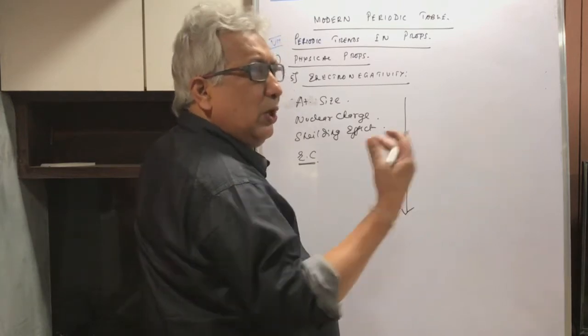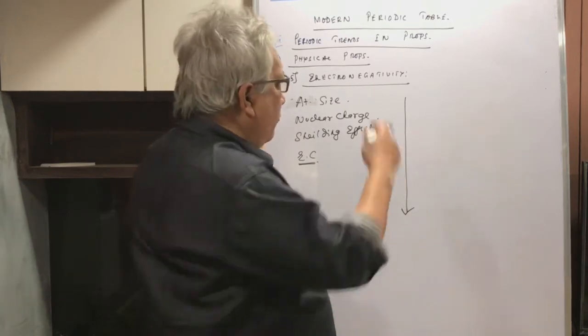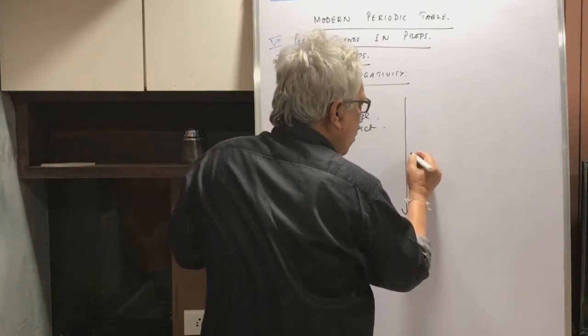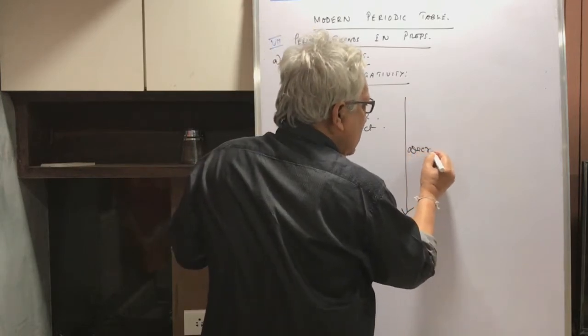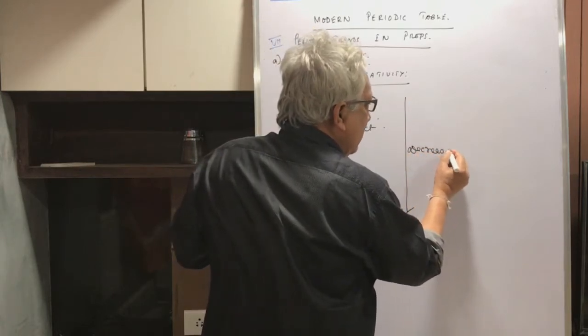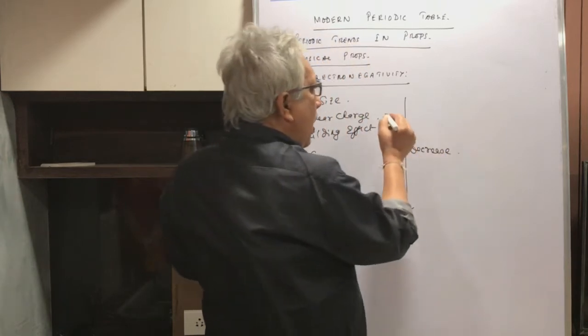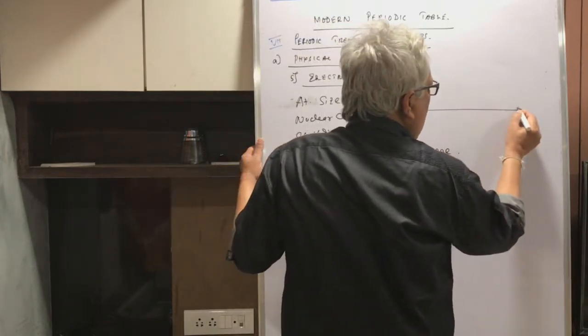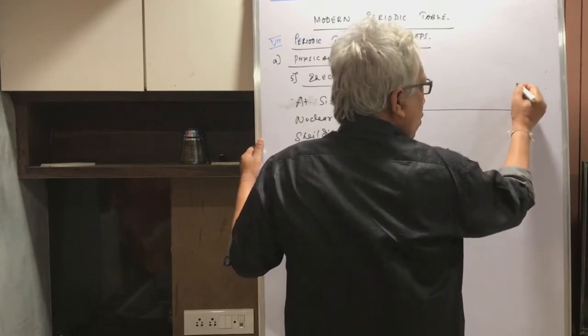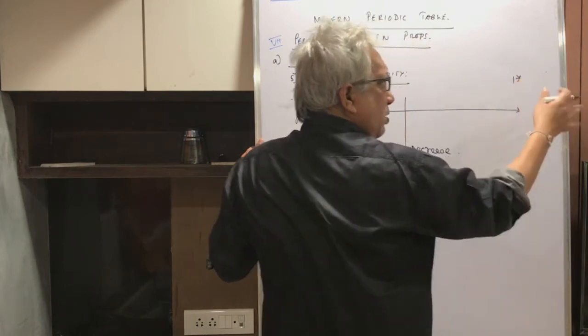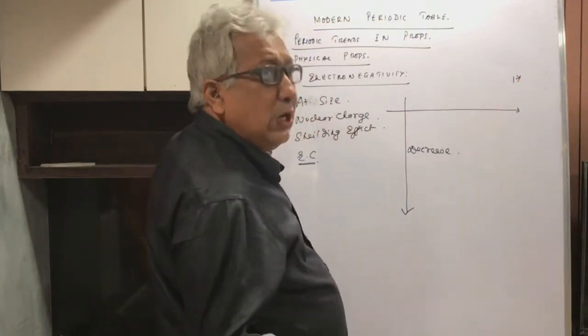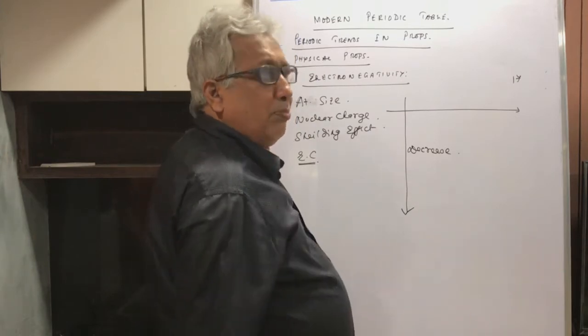So power to pull the electron cloud will become less, and therefore electronegativity down the group will decrease. But when you go across a period, I am talking only up to halogen group, up to group 17. Group 18 question doesn't arise because it usually doesn't form bond with others.